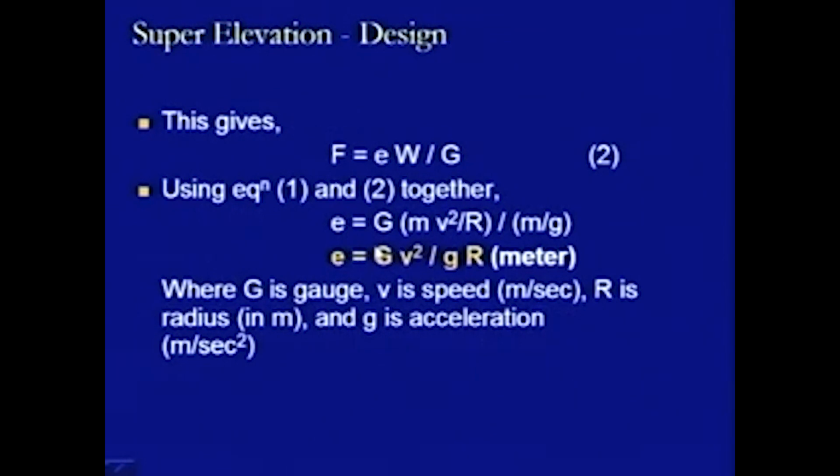Now, in this case, F equals E into W divided by G, where G is gauge, W is the weight and E is the super elevation.